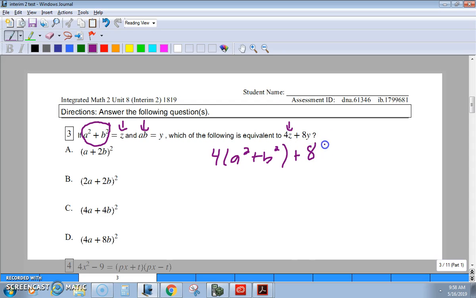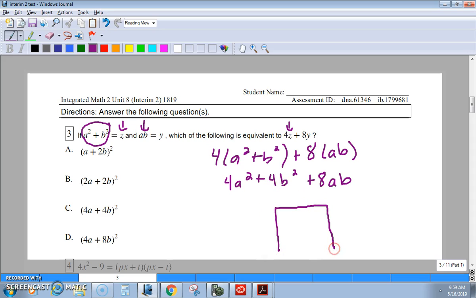Plus, instead of y, I'm going to put just ab. When I distribute here, I'm going to get 4a squared plus 4b squared plus 8ab. And I know for this one, I can factor it out.